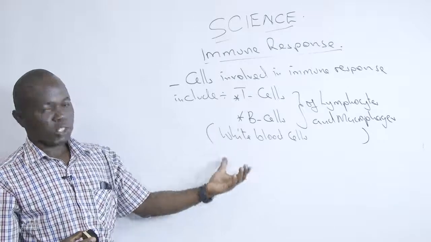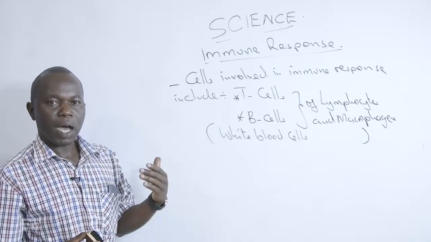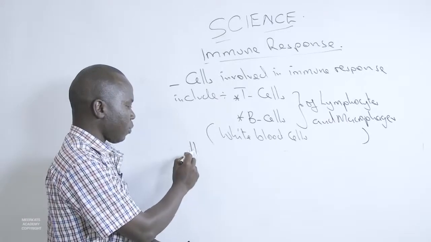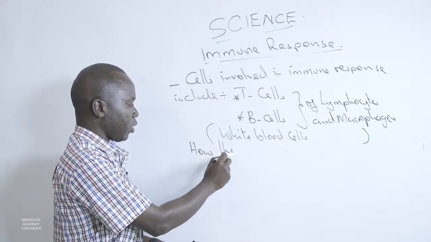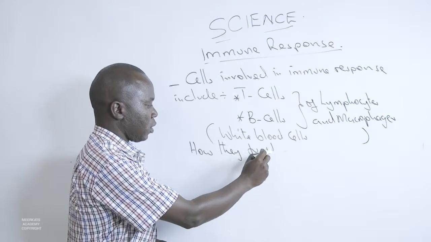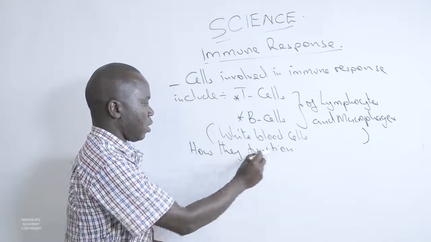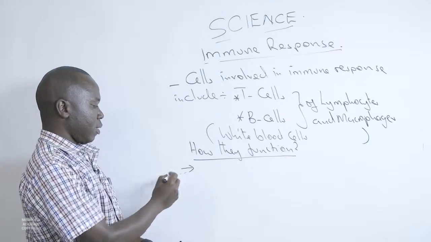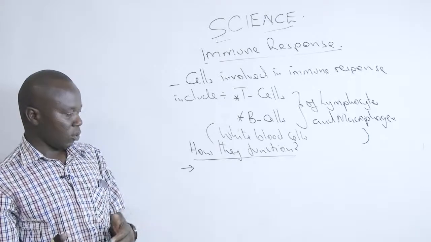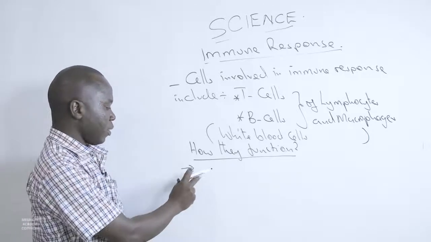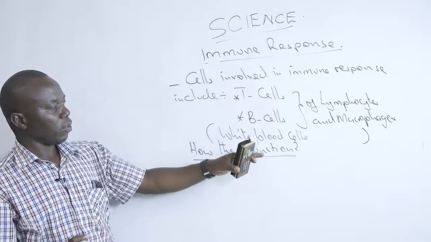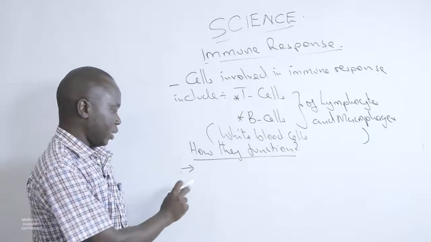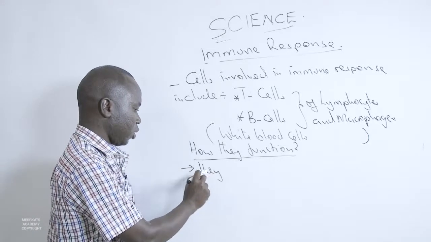But the other question that comes into place is, how are they involved in the immune response? How do they function? Now, they function in maybe one, two or three ways. So most of them, in fact all of them, will produce some chemicals called lymphokines.